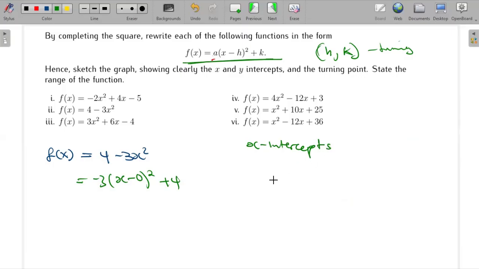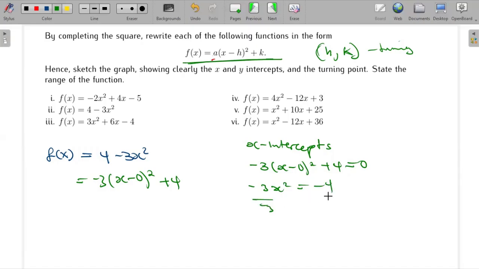So the x-intercepts, you're going to equate this to what? To 0. So you're going to have the negative 3, and then you have x minus 0 squared plus 4 is equal to 0. Now this here, what does it give you? Here you just get x squared is equal to what? That gives you negative 4.